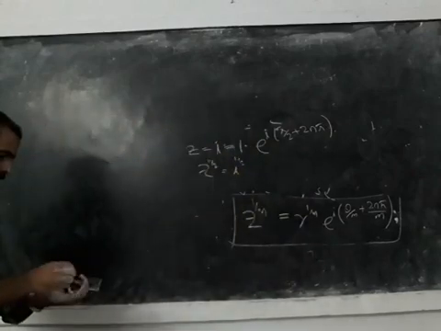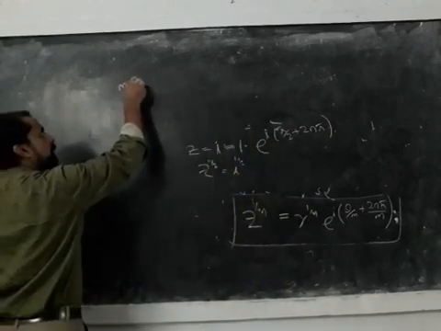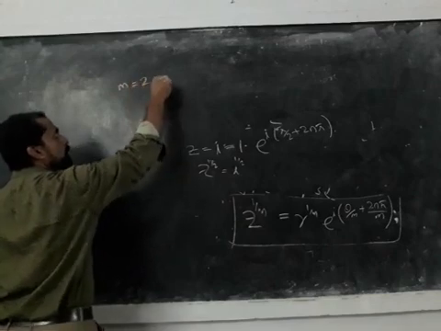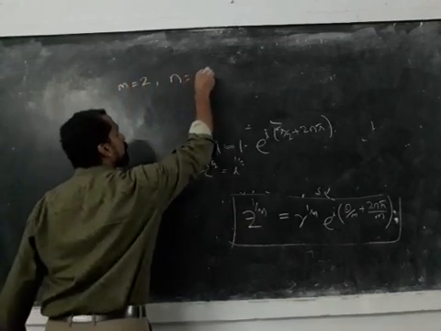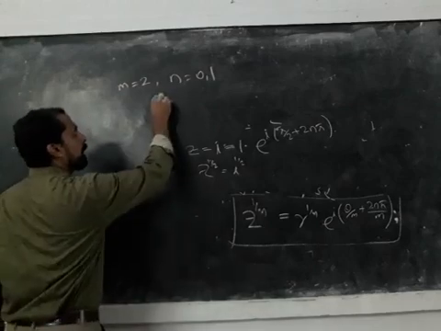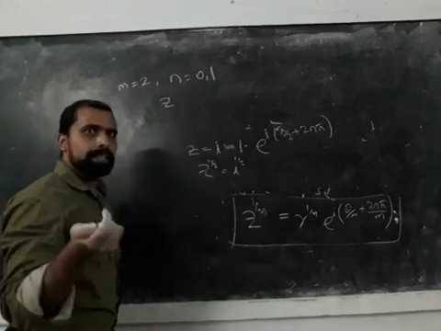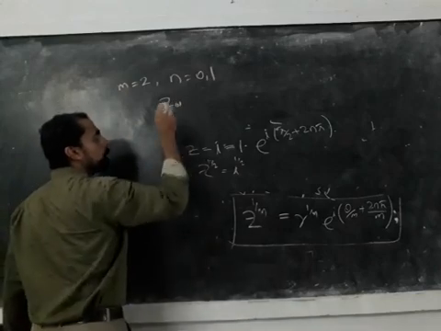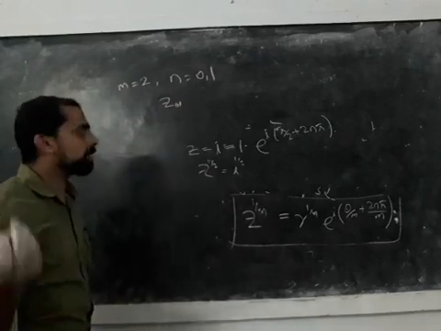In this case, m is equal to 2, so n can take the values 0, 1, and the first root I am writing as z01, just for my convenience.